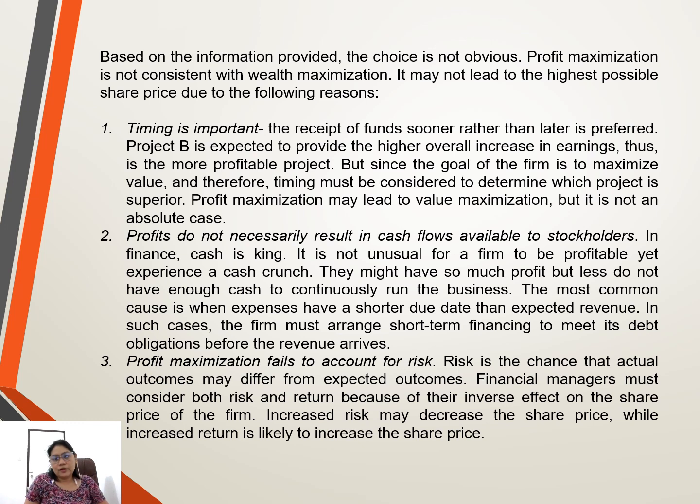Okay? So, sa tingin nyo, alin ang kailangan? Okay, so based on the information provided, the choice is not obvious. Siguro sa biglang tingin mo dahil mas mataas yung total return ng project B, mas yun yung dapat piliin.